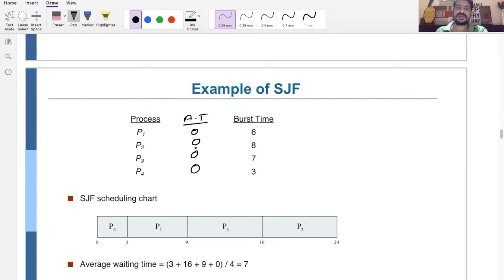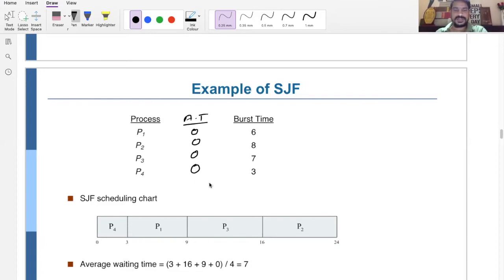It means at time 0, all the processes are available in the ready state, not in the ready queue, because queue is the data structure used in first come first serve. Here we have a number of processes available in the ready state. It means they are in the primary memory, which is the RAM. So all these processes are inside the RAM.